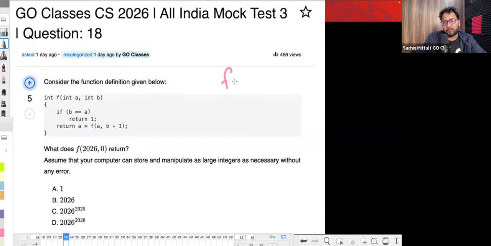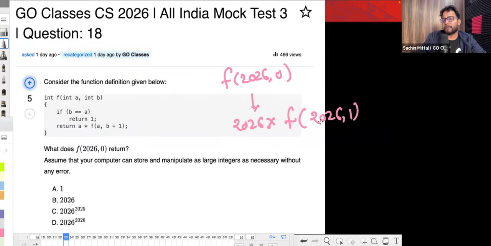So if we are calling f of 2026 comma 0, then it will be returning 2026 multiplied by f of 2026 comma 1, right? And then similarly it will keep on doing it. It will again return 2026 multiplied by f of 2026 comma 2, like that, right?